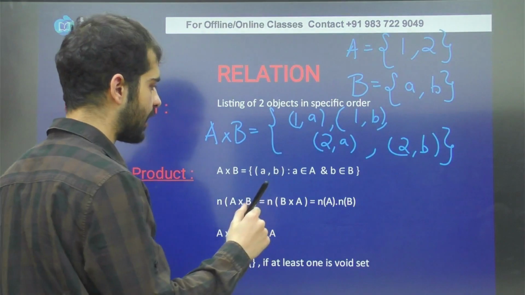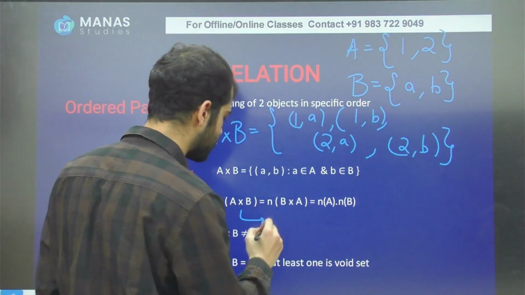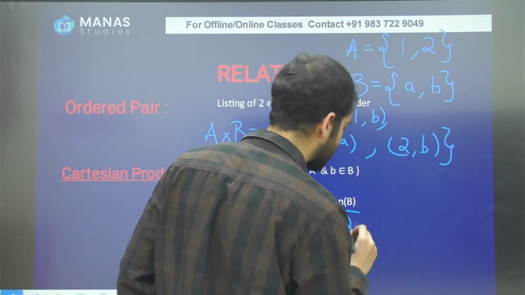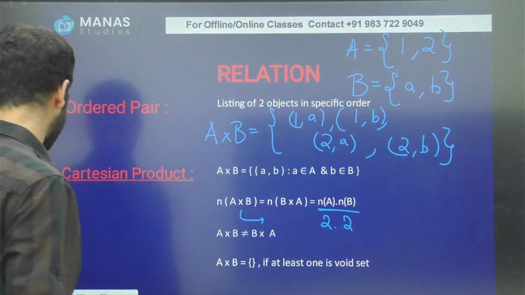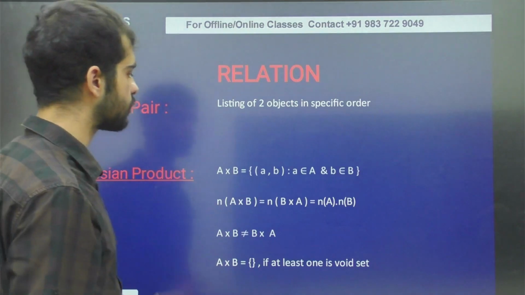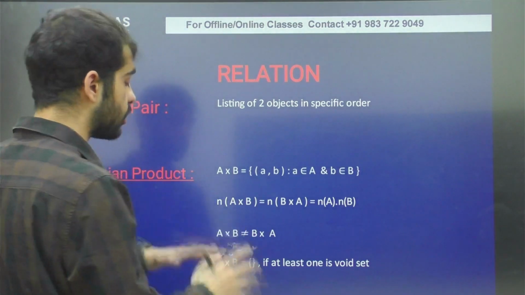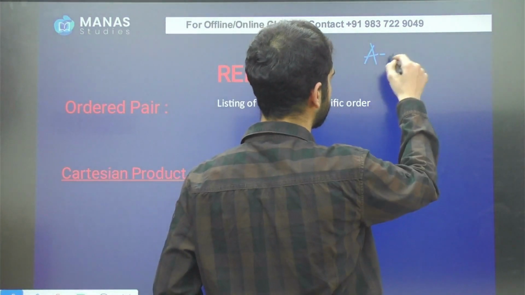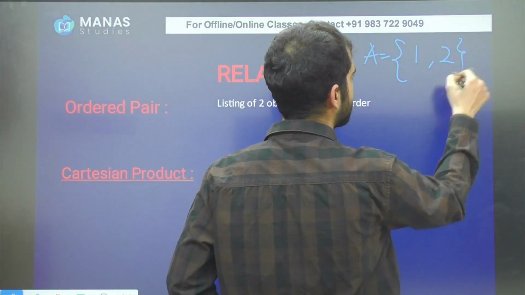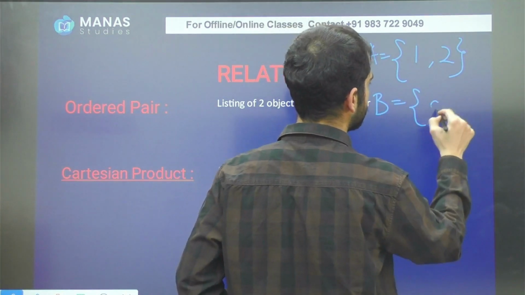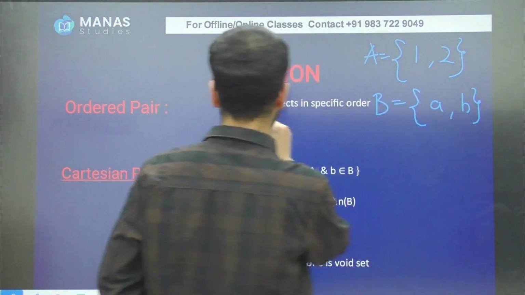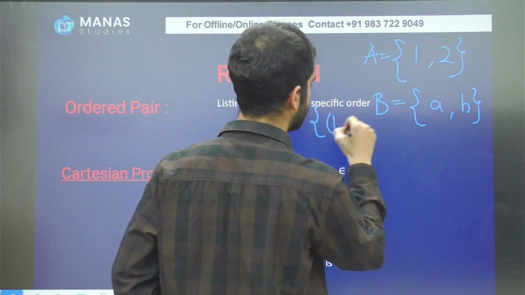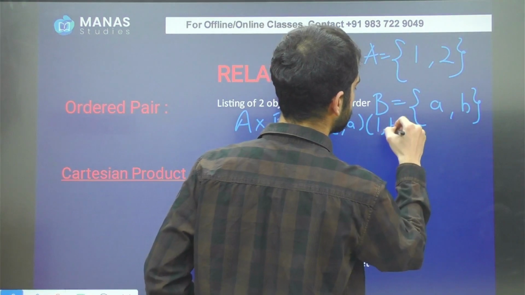So it will be appropriate to say that the number of elements in the Cartesian product will be the same as the product of the number of elements individually in each of the two sets. Now the third point is that the ordered pairs of A cross B and B cross A will not be the same. As we had seen in the previous example, if I take the same case again and write them as 1, 2 and a, b, then in A cross B, the elements would look something like 1a, 1b, and so on.